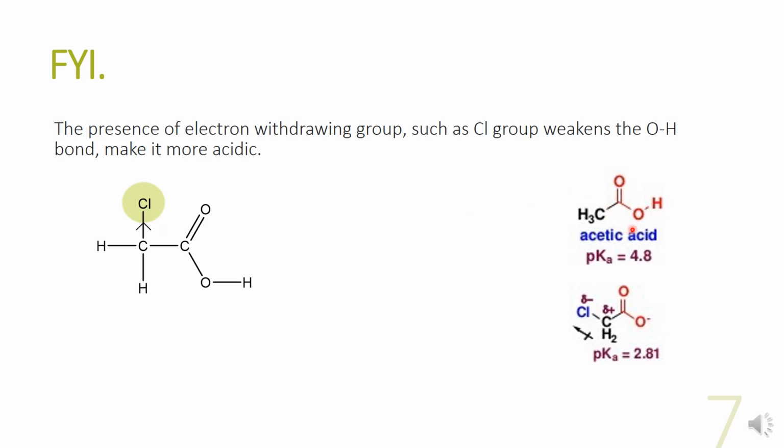As you can see, compare the normal acetic acid with the one having chlorine on the same carbon like here. Acetic acid has a pKa of 4.8, and this one has a pKa of 2.81, and the lower the pKa value, the stronger the acid is.